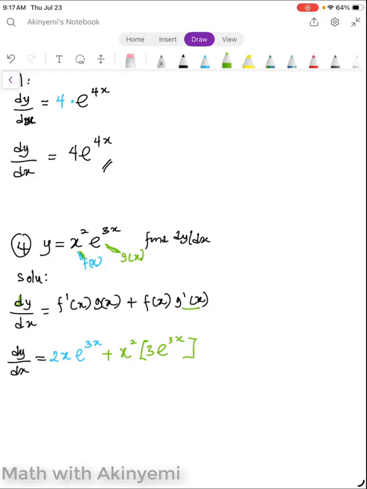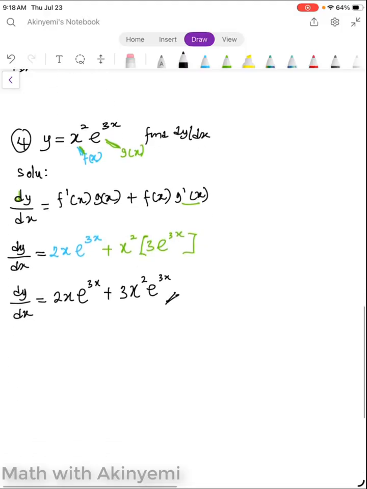So our dy over dx will be equal to 2x e^3x plus, we can even say, plus 3x squared e^3x.